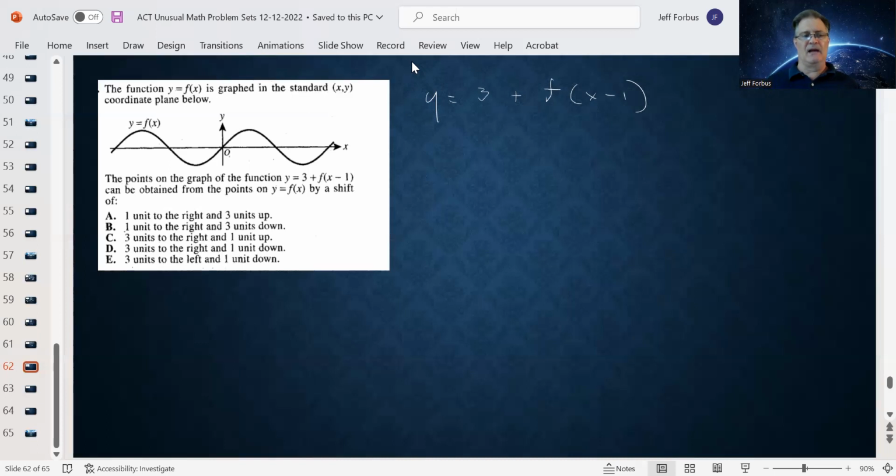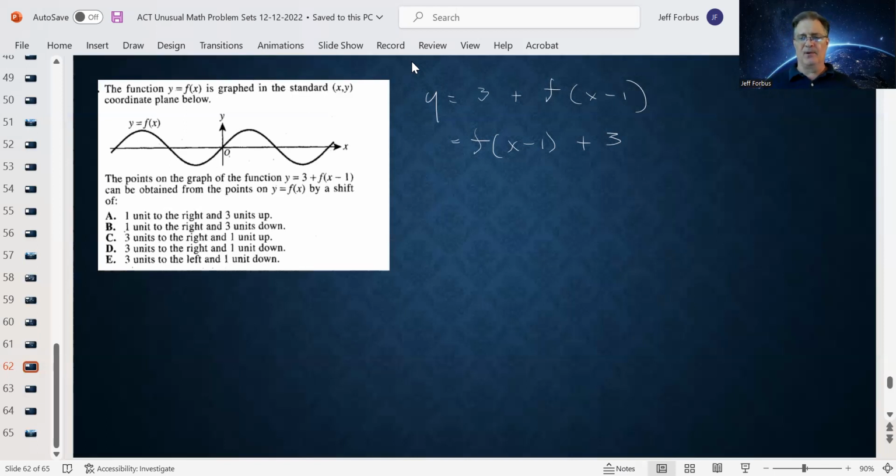So how does y is equal to 3 plus f of x minus 1 differ? I'm going to rewrite this as f of x minus 1 plus 3. We have the function f of x minus 1, and we're adding 3 to it.